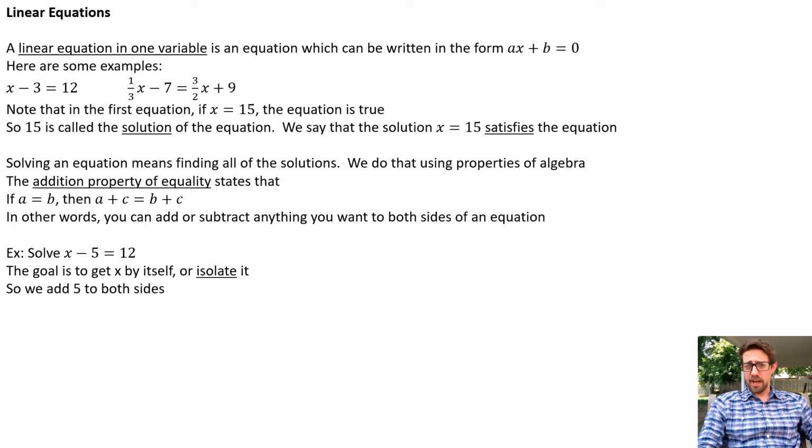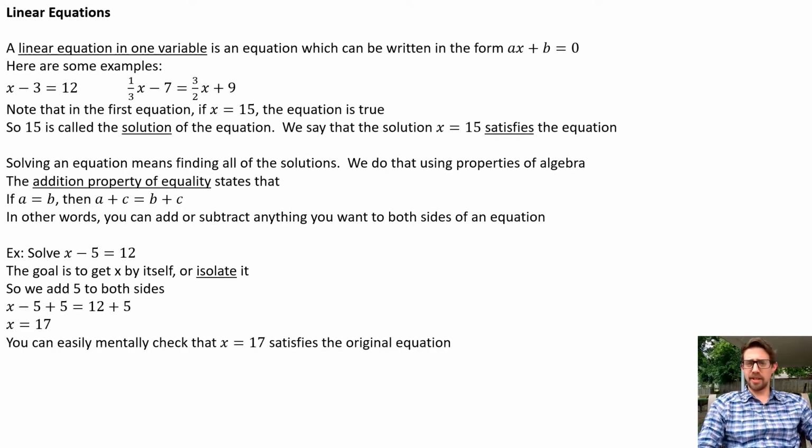Okay, so add 5 to both sides with the goal of getting rid of this 5. x minus 5 plus 5 equals 12 plus 5. Obviously, x minus 5 plus 5 is just x, and 12 plus 5 is 17. So I did two things at once with that one move, but y'all see what I did. And you don't even need to write it down. It's super easy just to mentally check. Does 17 minus 5 equal 12? Yeah.